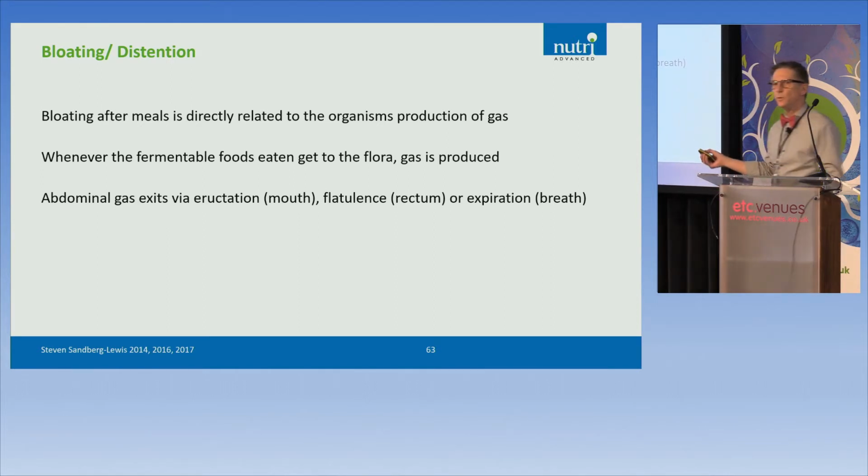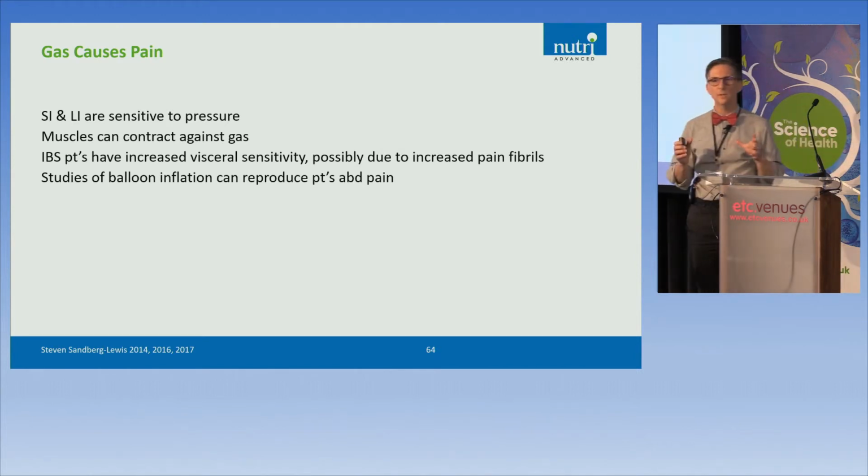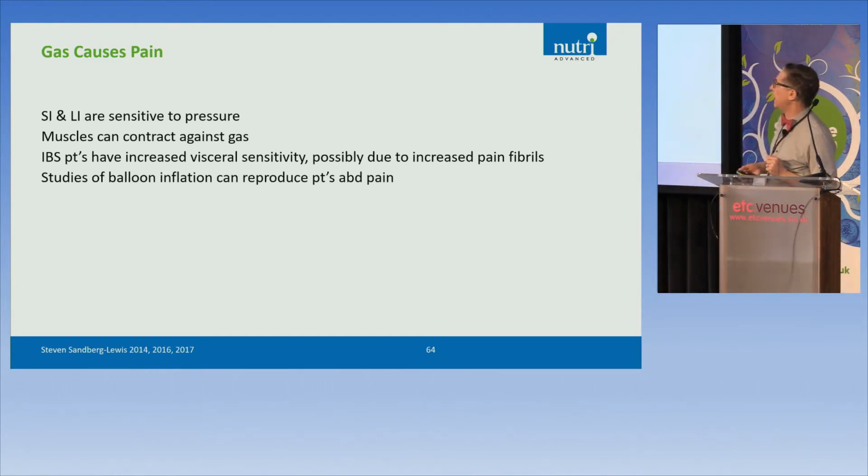So fermentable foods are other sources, not just milk, not just lactose, but other fermentable foods are sources of gas for these bacteria to make more gas. And the small intestine and large intestine are sensitive to pressure, to distension. And that's what happens when you have that much gas in there.